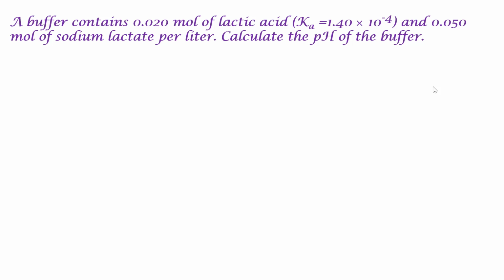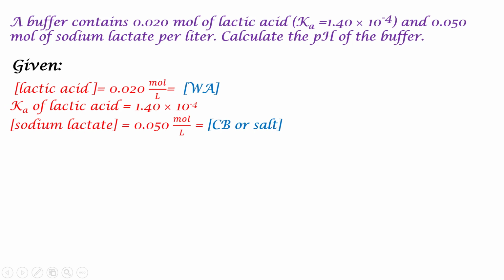So anytime you're trying to solve a problem, the important thing is, as you read the problem, make note of all of the information that's given, and then we can make a note of what we're asked to figure out. Okay. So the first thing that we're going to document is what is given. If you pay careful attention, you will see that the information given is, first of all, that your buffer contains 0.02 moles of lactic acid.